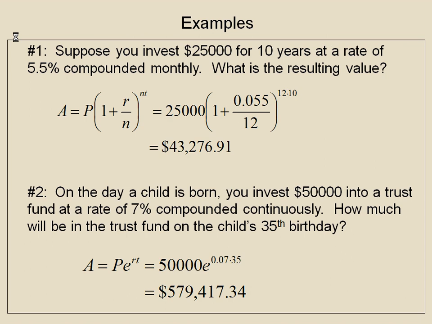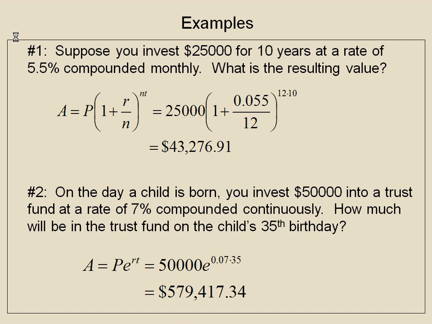number of years. So let's look at some examples of compound interest. Number 1, suppose you invest $25,000 for 10 years at a rate of 5.5% compounded monthly. What is the resulting value or balance in the account? I'm of course going to use the formula A equals P times (1 plus R over N) raised to the NT. My initial investment, P, is $25,000. Parenthesis, 1 plus, I need my rate in decimal form, which is 0.055.